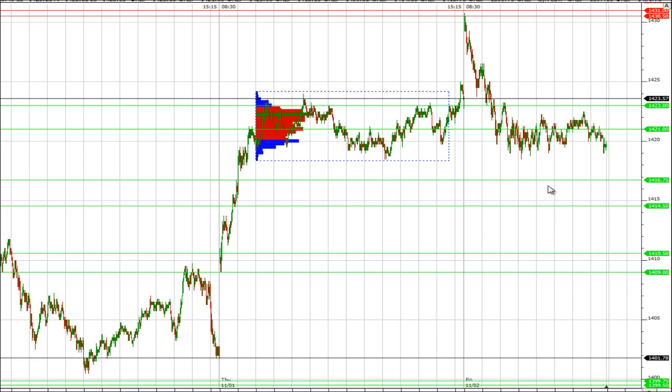Well, again, there's never a complete right answer, but in this case, if you're getting a balance area and if this thing extends even more, if we break down into this support zone, we'll be breaking down out of a balance area, which is actually quite bearish. And it'll be initiative, high conviction activity to break out of a balance area into a support zone.